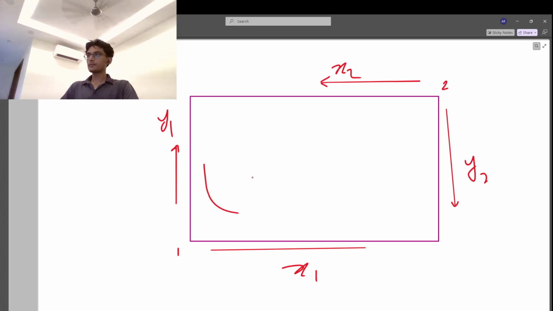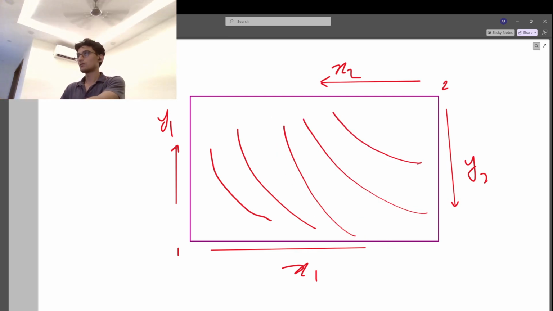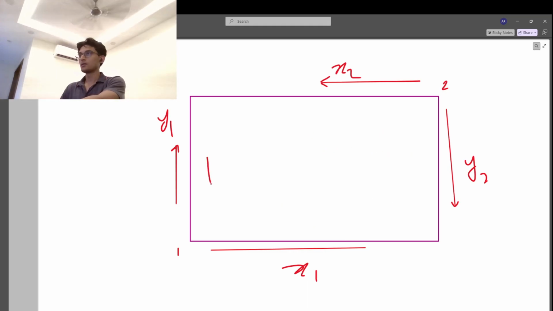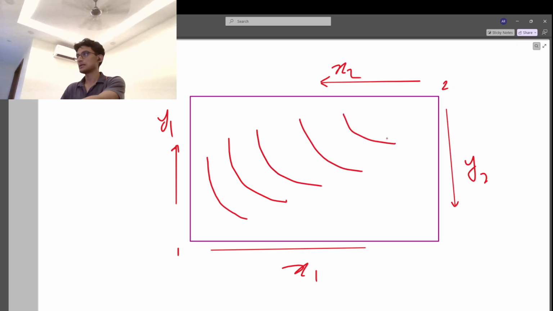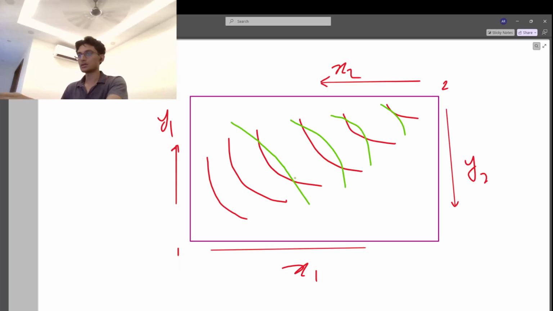Let this be individual one's ICs, and this, let's take green, let this be individual two's ICs.